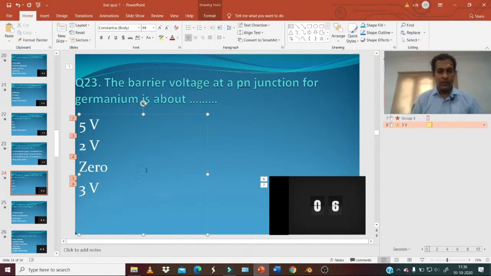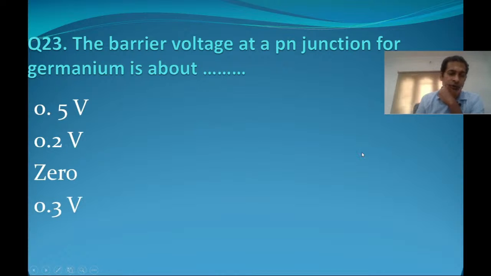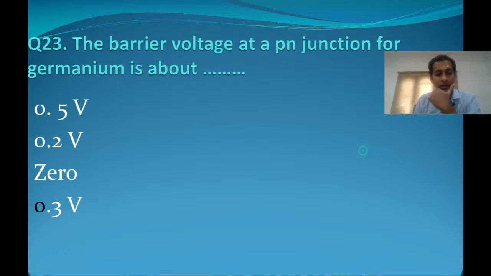These values we will write in terms of point: 0 point, 0 point, and 0 point. So what is your answer? 0.5, 0.2, 0, or 0.3? For silicon it is 0.7. Now we are talking about germanium. What should be the answer? Yes, the answer is 0.3 volt, right?